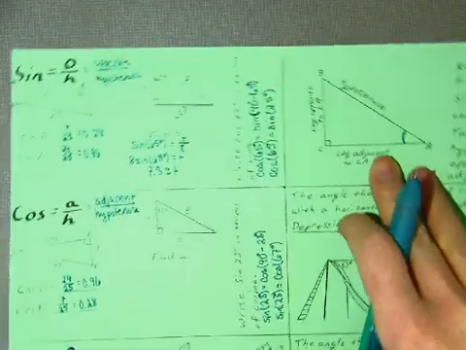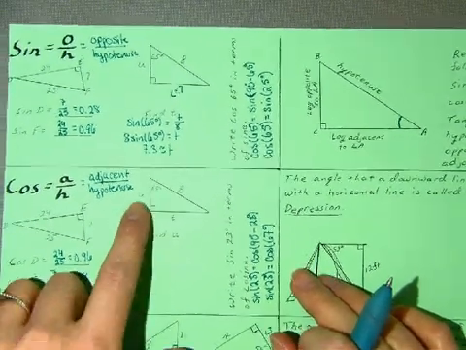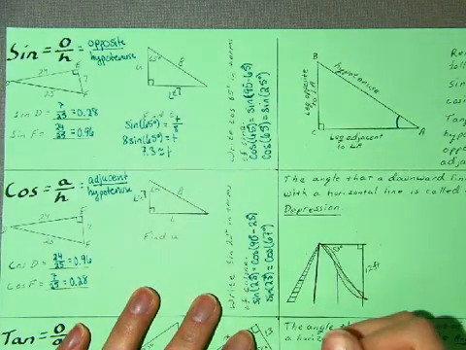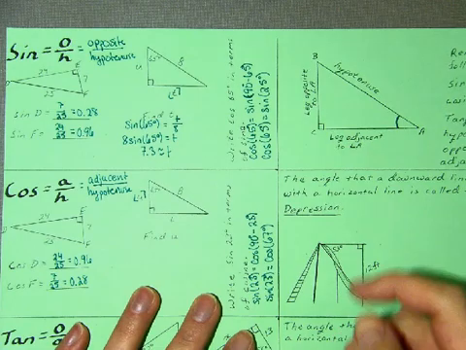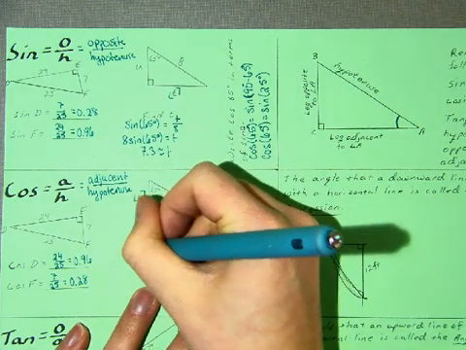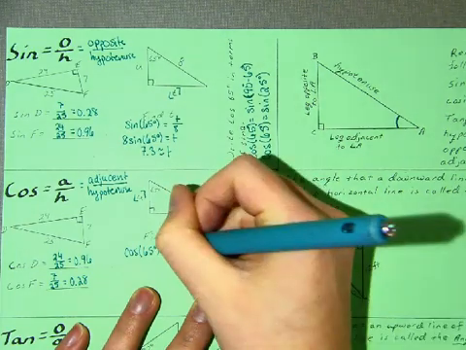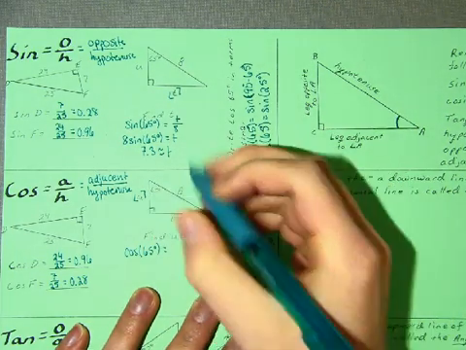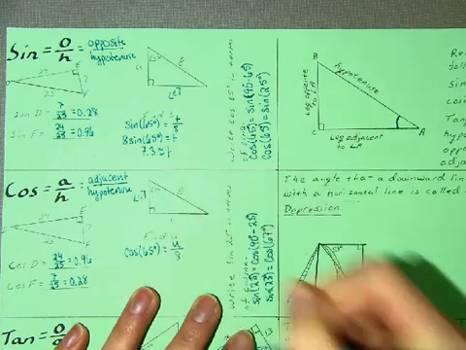So now let's go ahead and go back to this practice problem and find u using cosine. So we're given the angle measurement 65. So we're going to say cosine of 65 degrees is equal to our adjacent side, which is u, over the hypotenuse, which is 8.